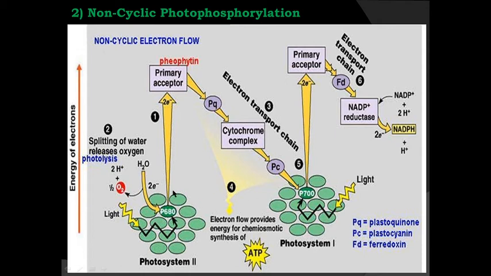Now during non-cyclic photophosphorylation, breakdown of the water molecule occurs. Water molecules break down into protons, electrons, and one molecule of oxygen is released. This breakdown of water molecules was found by Van Niel in 1941 in the process of photosynthesis.